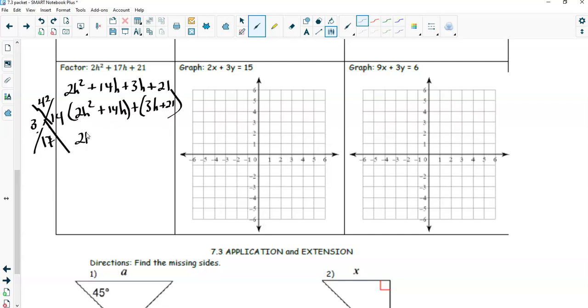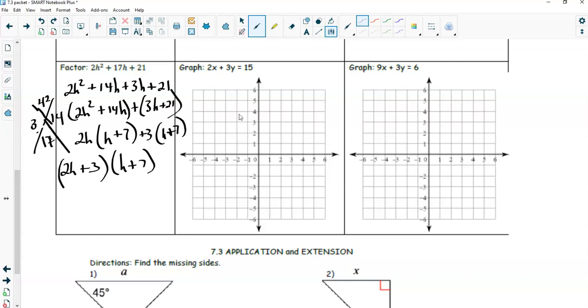The greatest common factor is 2h. So I have h plus 7. Take this one, put it over here, h plus 7. And now divide 3h by h, which is 3. So my factors are 2h plus 3, the 2 outside numbers, and h plus 7.